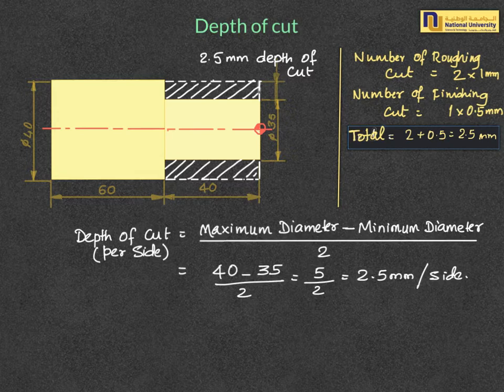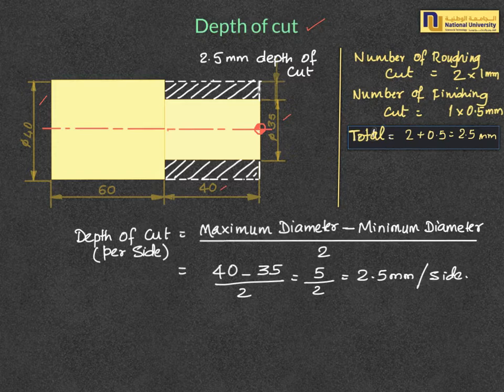Now let us move on to the next cutting parameter, namely the depth of cut. Depth of cut can be calculated from the given geometry. 40 is the maximum diameter and 35 is to be machined for a length of 40 millimeter.